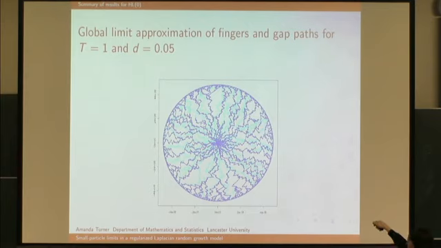So if we take this point over here, our limit result tells us that the finger is very, very close to this blue path, this backwards coalescing Brownian motion heading towards the disk, and the gap path is very close to this pale blue path going backwards.